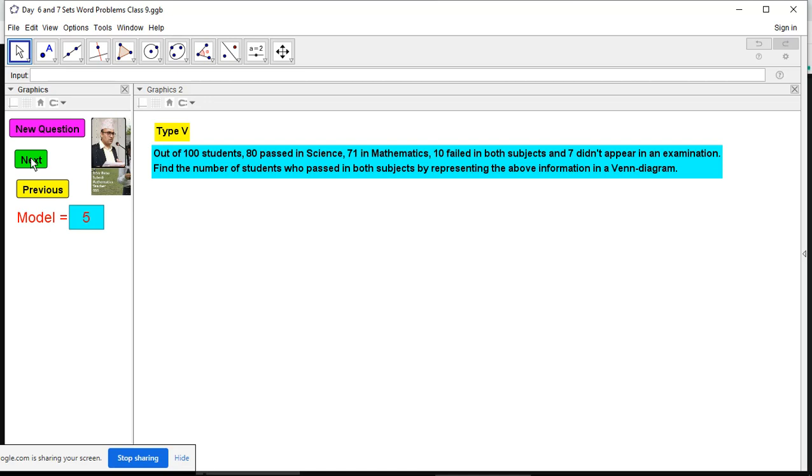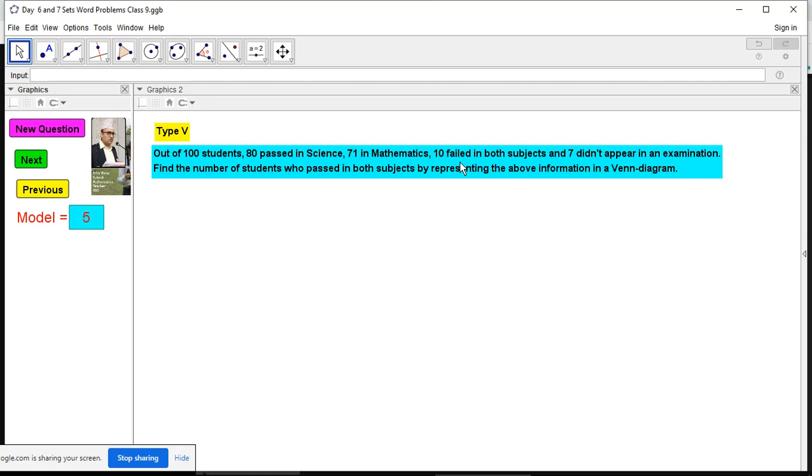Out of 100 students, that is the union, we understand. 80 passed in science, that's good. 71 in mathematics, that's also good. 10 failed in both subjects. In previous classes also I have mentioned that failed here is a relation of past students, past in science and maths.